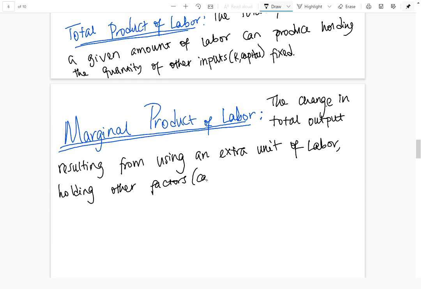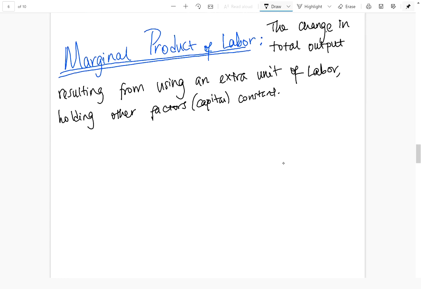For us, that's capital constant. So with the marginal product of labor, just when you hear marginal, think additional, like the next added, right? The additional product of labor, the marginal product of labor.